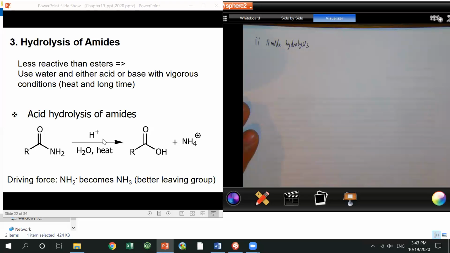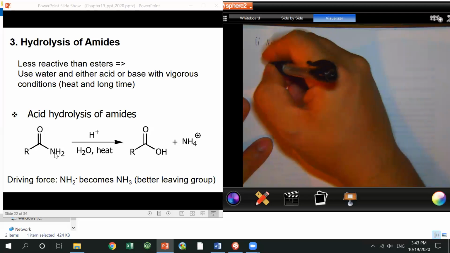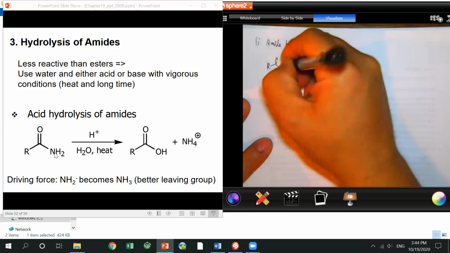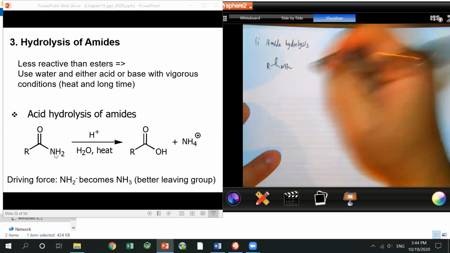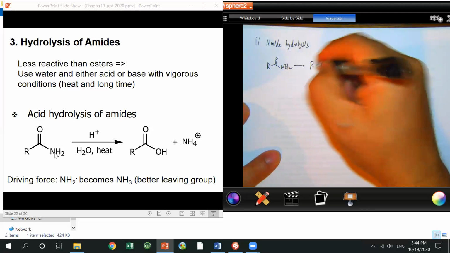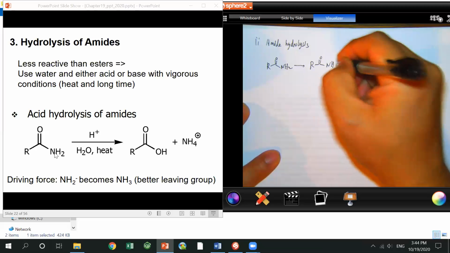The reason is that in the amide, NH2 minus is not the real leaving group. The real leaving group is the amine. So for this one, the NH2 picks up a hydrogen and converts to the ammonium.